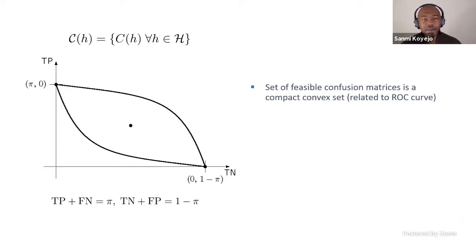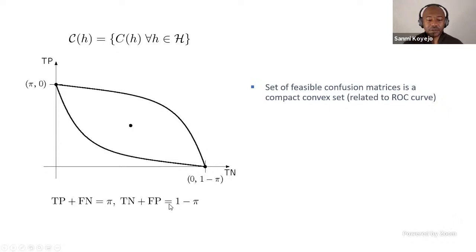A few things are important here. The first thing is, even though the confusion matrix for a binary classification problem has 4 numbers, you only need 2 numbers to fully describe everything that's going on in the confusion matrix. Many of you already know this. The reason is there are constraints in the confusion matrix. The true positives plus false negatives have to sum up to the fraction of 1s in the data set.